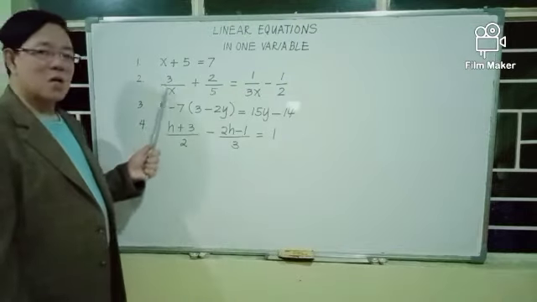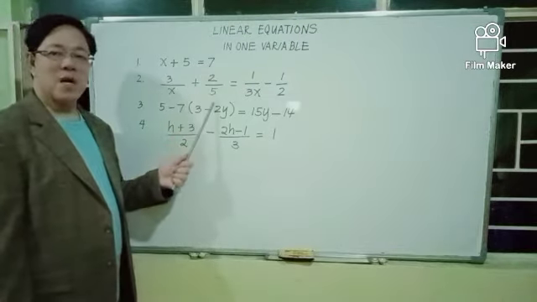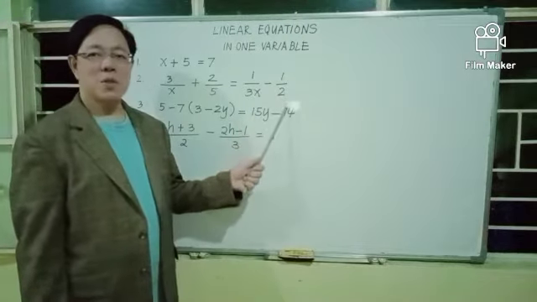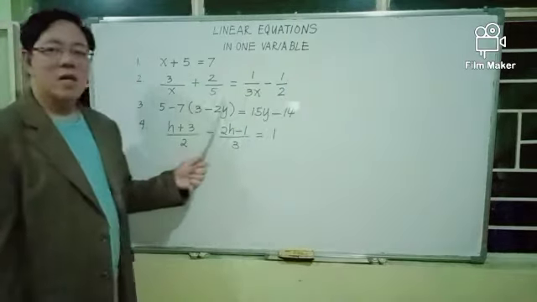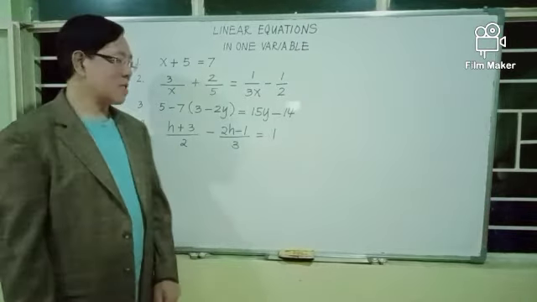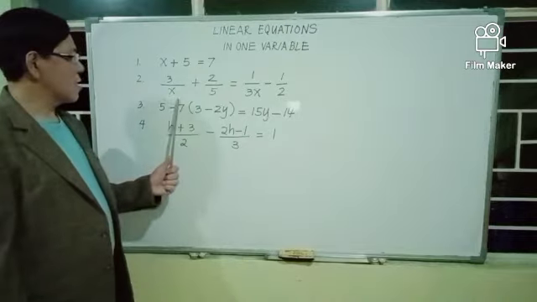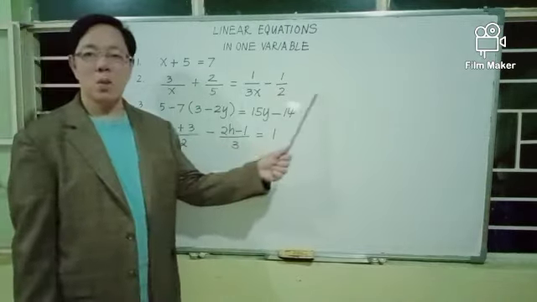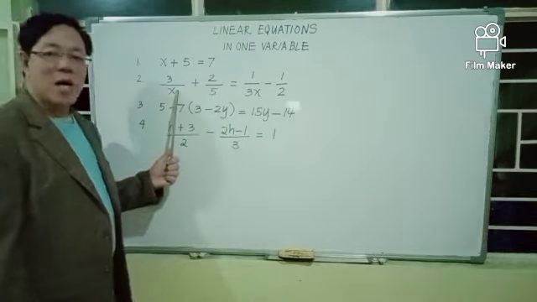Number 2, we have 3 over x plus 2 over 5 equals 1 over 3x minus 1 over 2. This is also a linear equation in one variable x because you can see there is only one variable in this linear equation in number 2 and the exponent of x is 1.